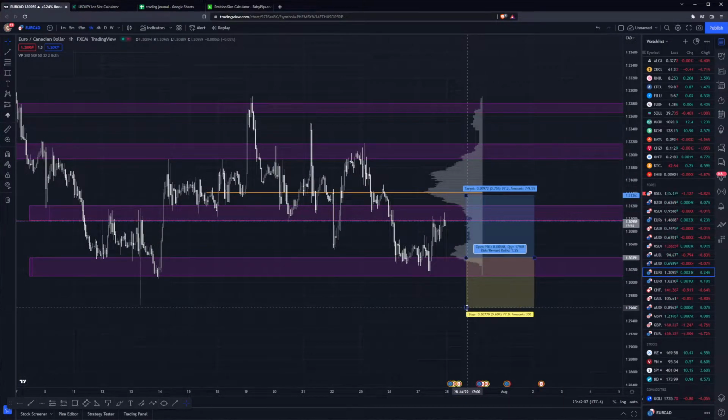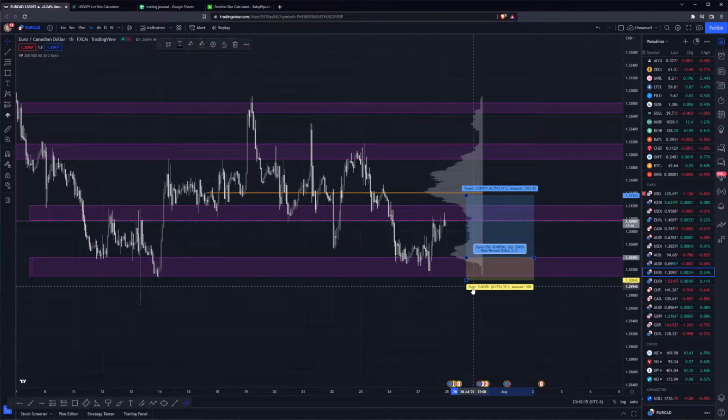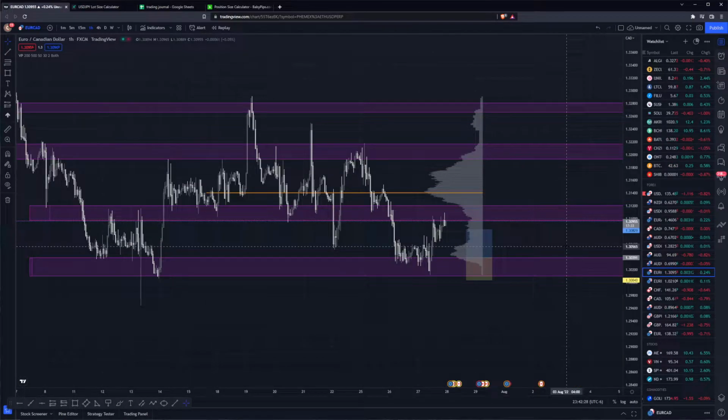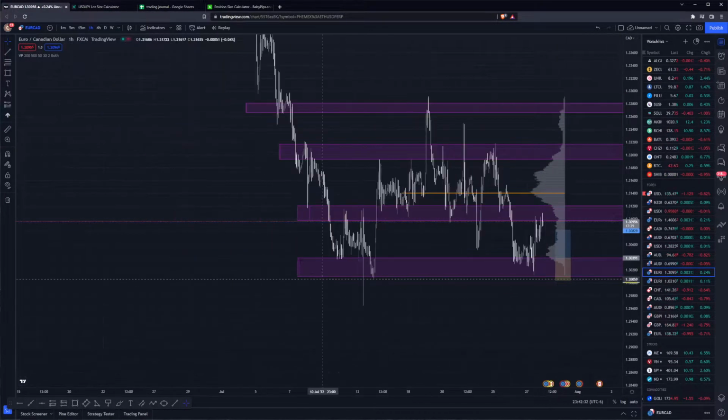If I was feeling a little more risky, I'd probably take my stop down to just below this other low, and that would bring my profit target beneath that resistance zone, and I think that looks like a pretty solid setup. And that is, of course, if you believe in this support zone.